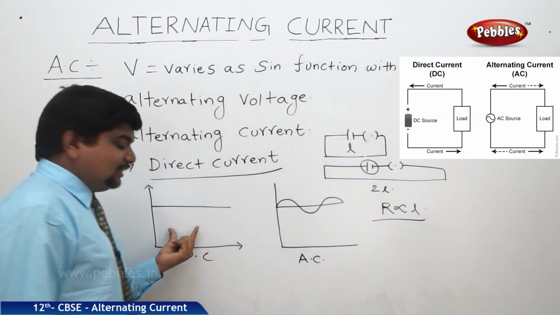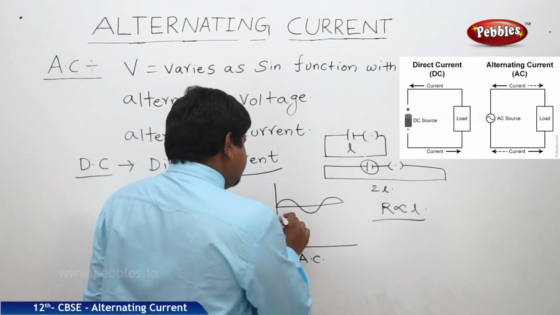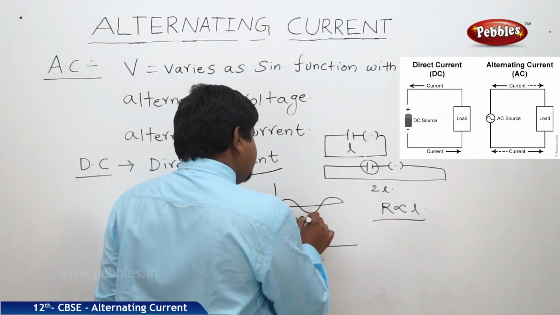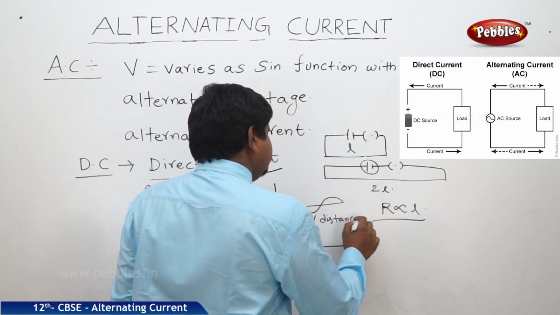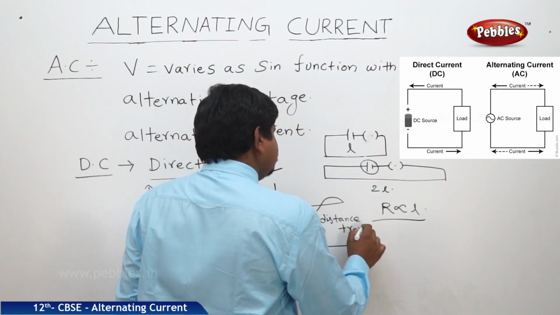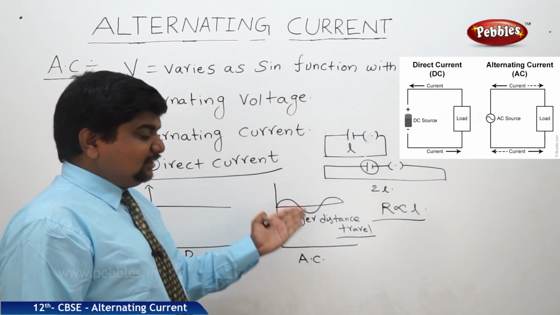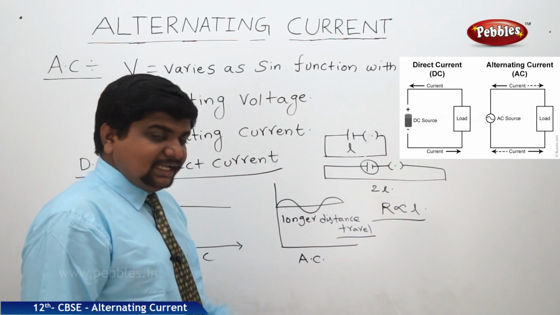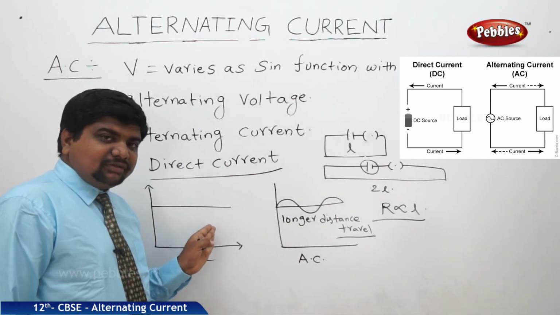But in the case of alternating currents, the current can travel longer distances. There will be no change in the strength of the electric field with respect to the AC fields. So these are the advantages of AC when compared to DC.